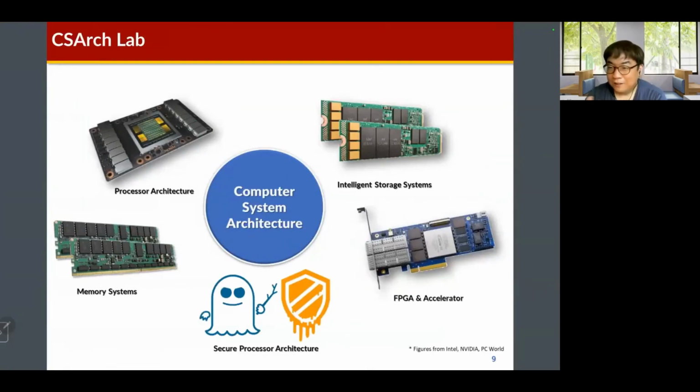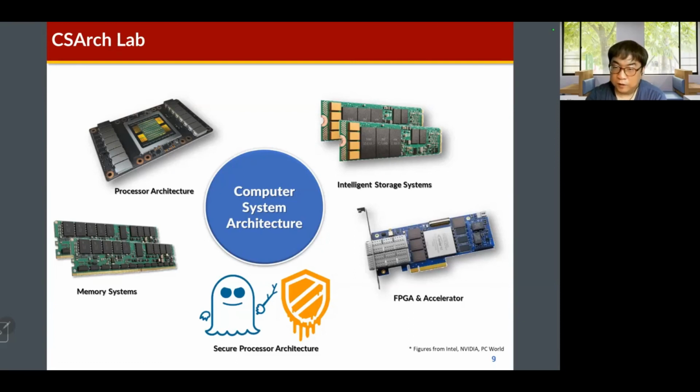So I will briefly introduce my research area. These are my research areas: processor architecture, storage systems or memory systems, secure processor architecture, and accelerators. Okay. These are very important topics in the computer architecture field or computer hardware.